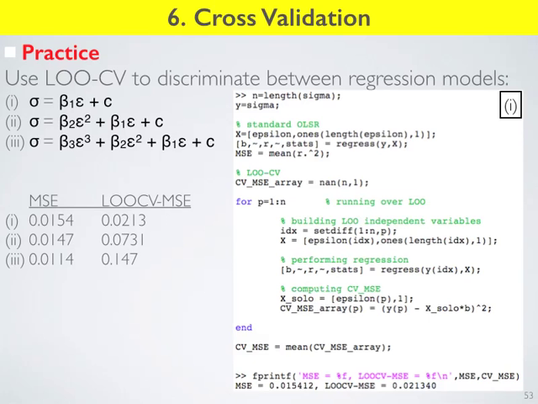So let's build the leave one out independent variables. So idx is setdiff(1:n, p). What does this mean? It's the difference between 2 sets. This is a call that makes a difference between two sets. So our first set, if we imagine that n equals 5, is 1 to n, which in MATLAB parlance looks like this row vector.